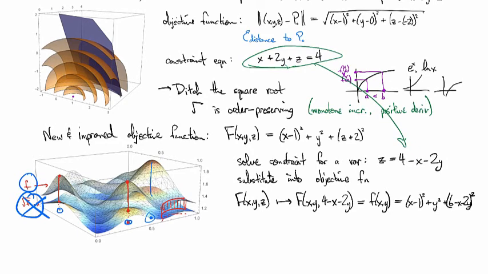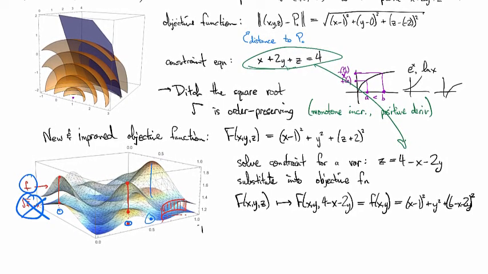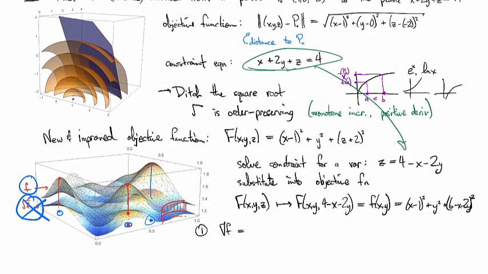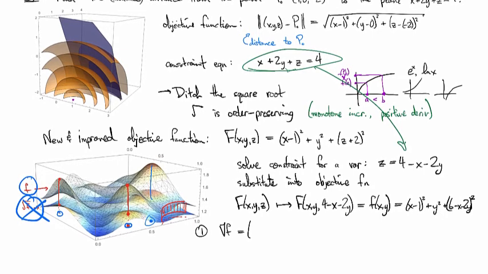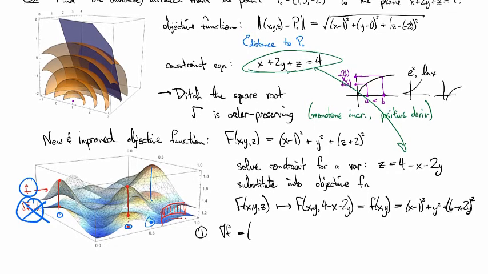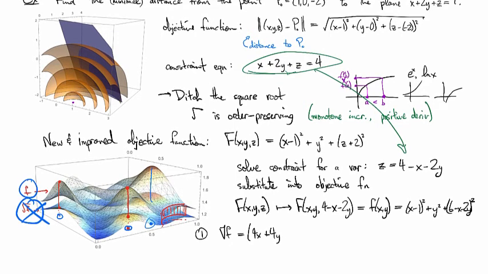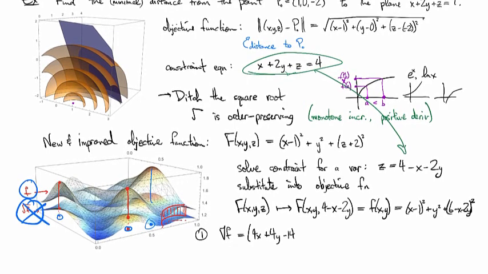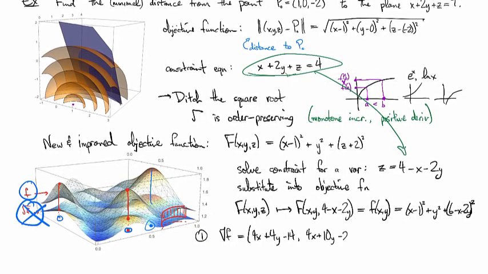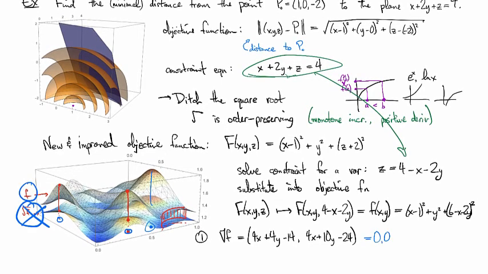Okay. So now it's time for good old first derivative test. So we compute the gradient of our constrained objective function, and mucking around on some scratch paper, we've got 4x plus 4y minus 14 and 4x plus 10y minus 24. And so we set this equal to 0.